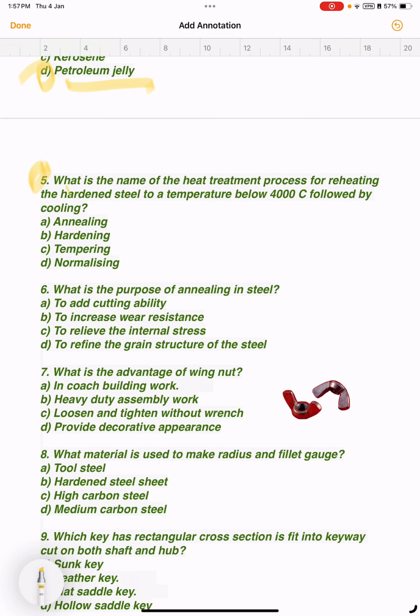Question number 5. What is the name of the heat treatment process for reheating the hardened steel to a temperature below 400 degrees centigrade followed by cooling?